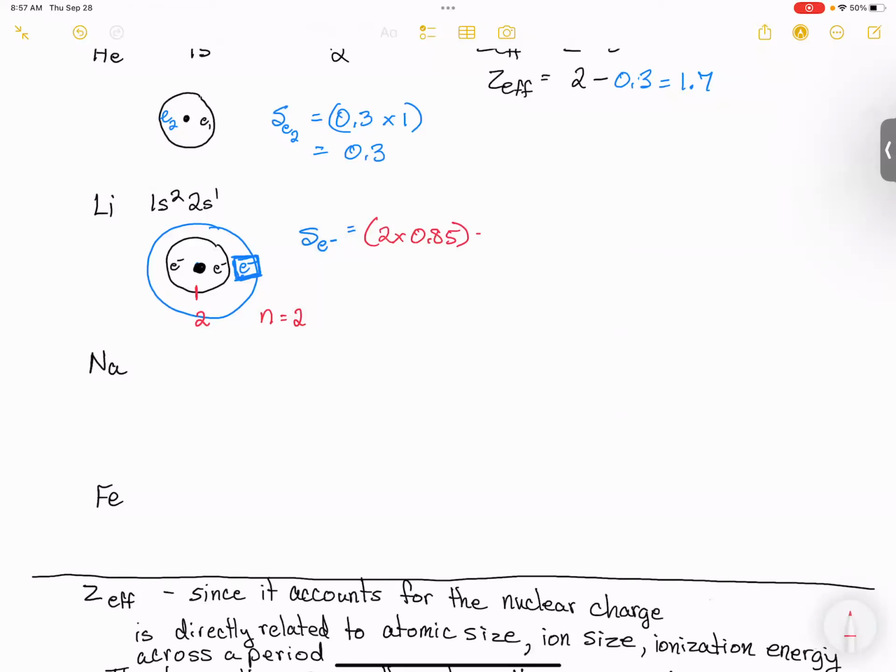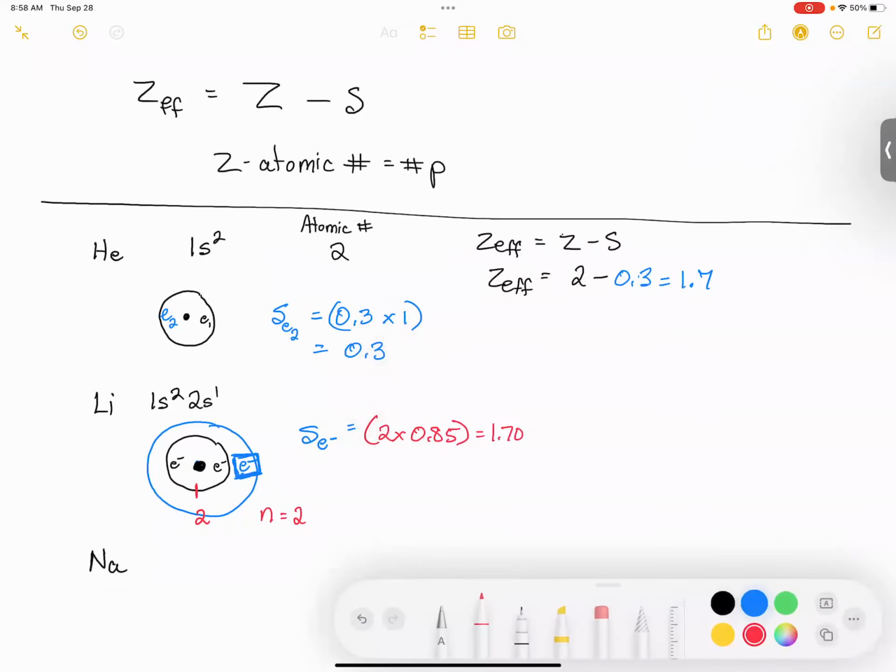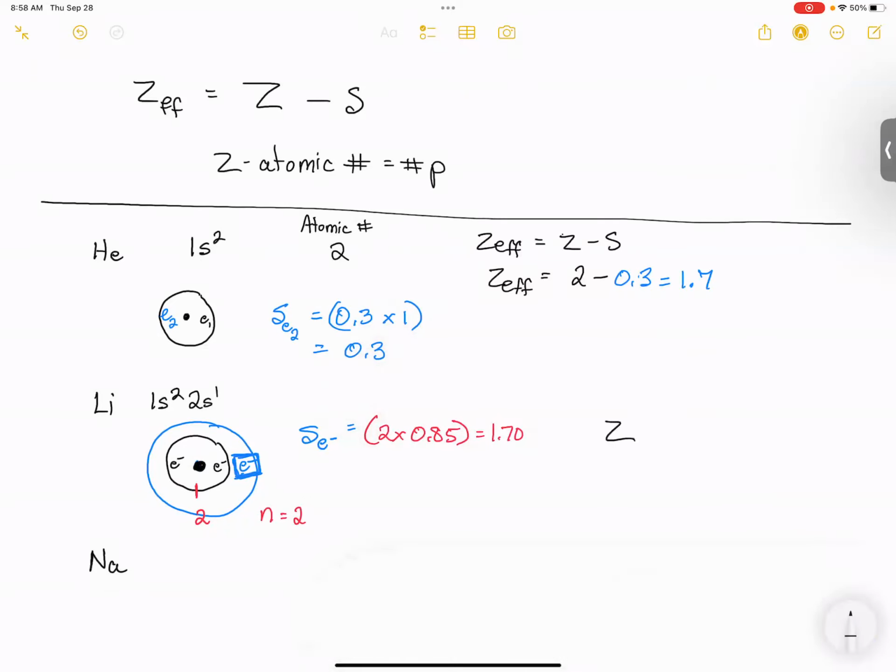And if I'm not mistaken, that comes out to be 1.70. So our Z effective is going to equal 3, because that's our atomic number, minus 1.7, which comes out to be 1.3.